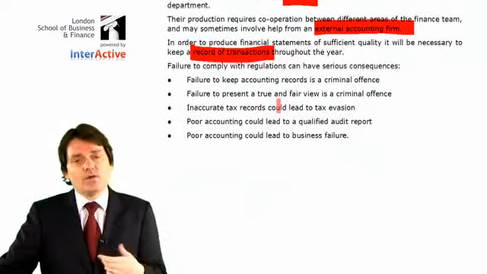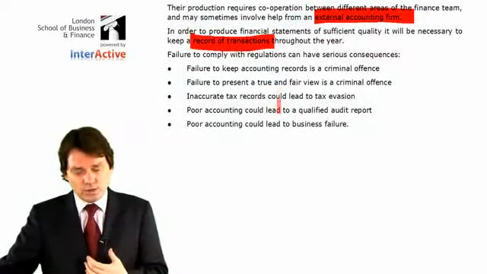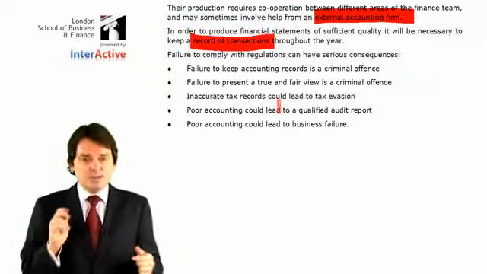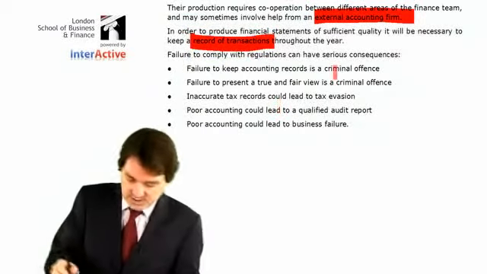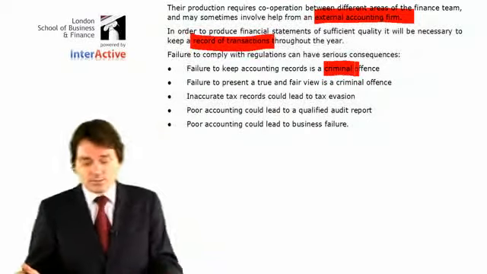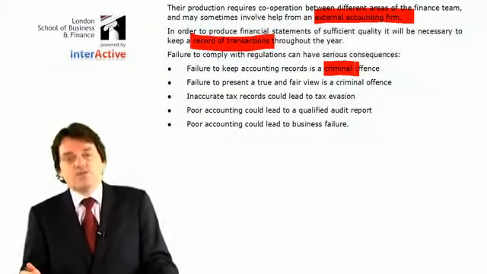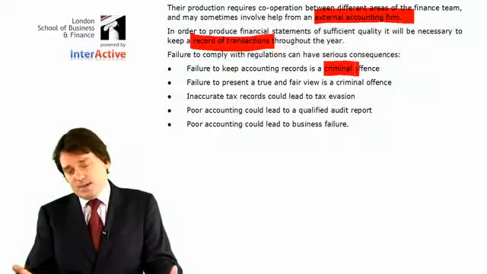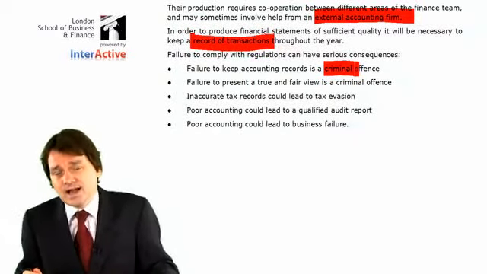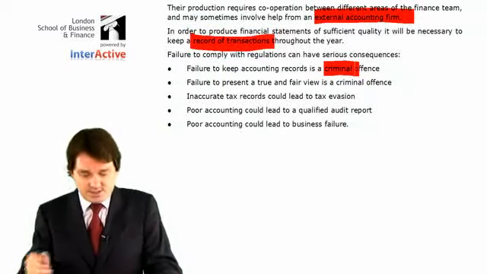So if you don't comply, if you don't make sure you meet all those regulations, there could be some very serious consequences, such as going to prison. Failure to keep your accounting records is a criminal offence. It's going to be punishable by a fine, and if it's serious, potentially by a jail sentence.